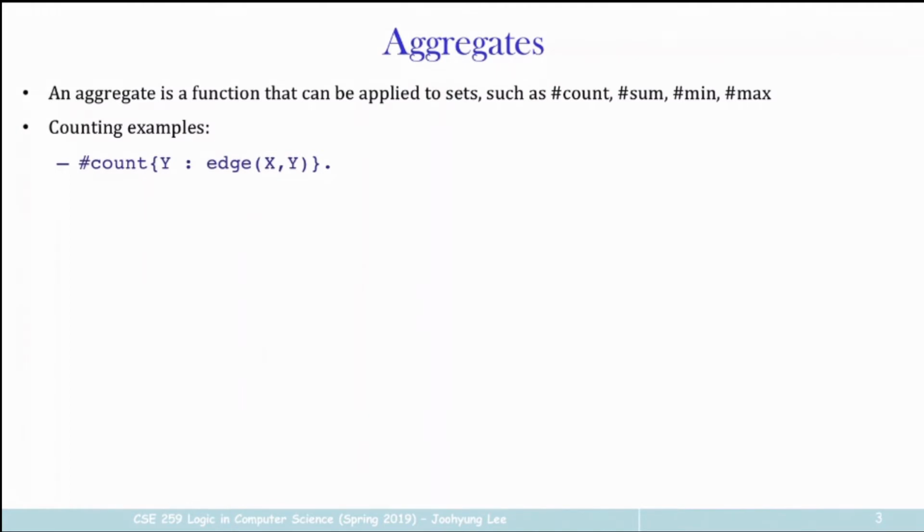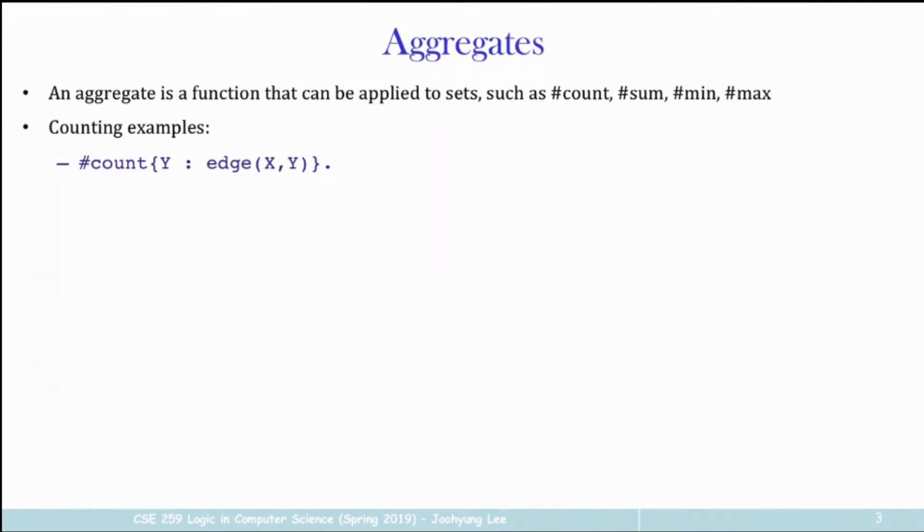Can anyone give me what is intuitive reading of this expression in English? So we are counting how many different y's are there such that edge of xy is true. So in simple English, it means how many outgoing edges are there from the vertex x.